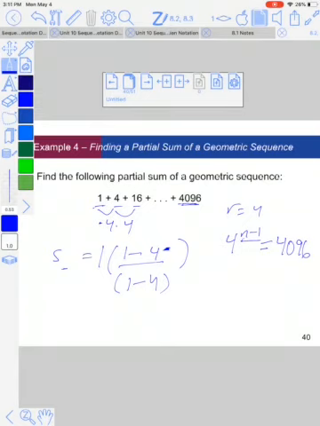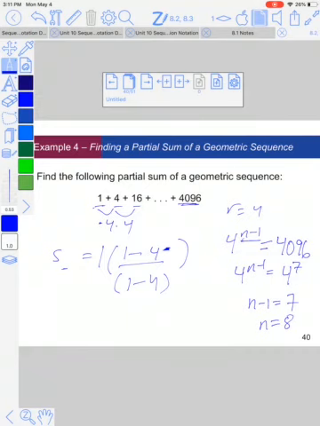That's 1024. So 4 to the 7th power is going to be 4096. So this is 4 to the 7th power. That equals 4 to the n minus 1. So if that's true, n minus 1 equals 7, n equals 8.